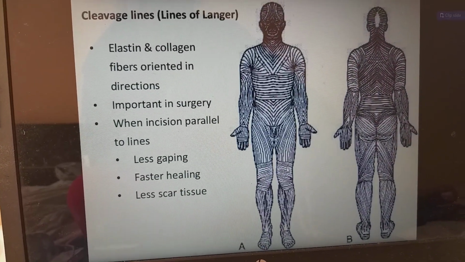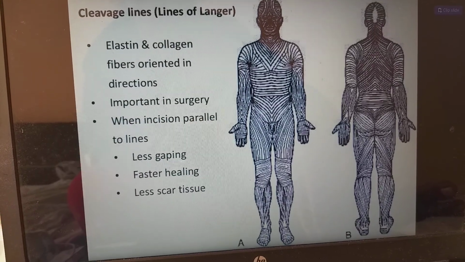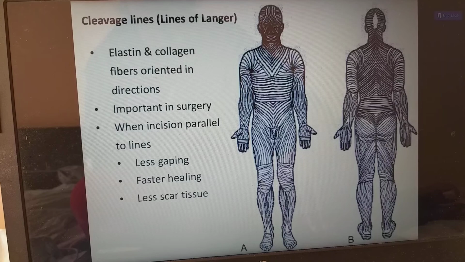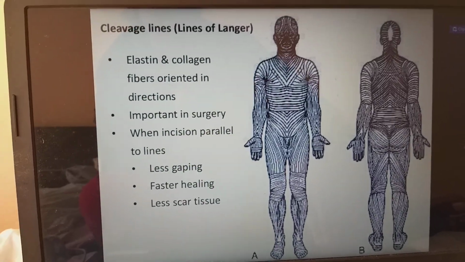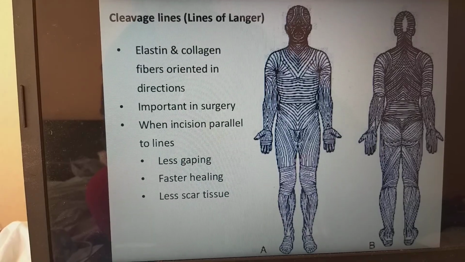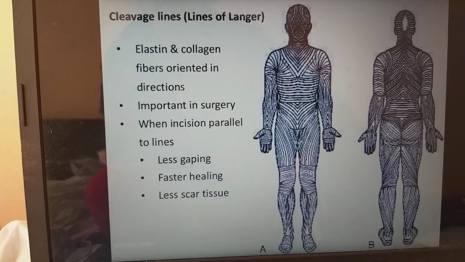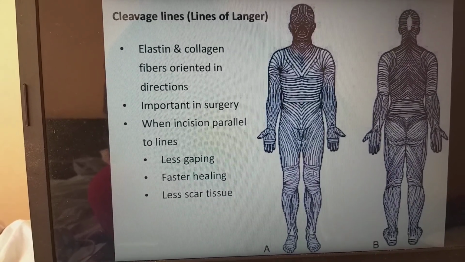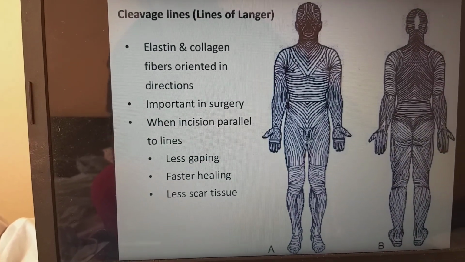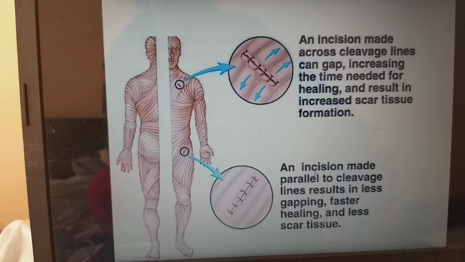Coming to the cleavage lines, or the lines of Langer. These are nothing but the lines of orientation and direction of elastin and collagen fibers on the body. They are important in surgery: when an incision is parallel to the lines, less gaping and faster healing is possible, and less scar tissue as well.